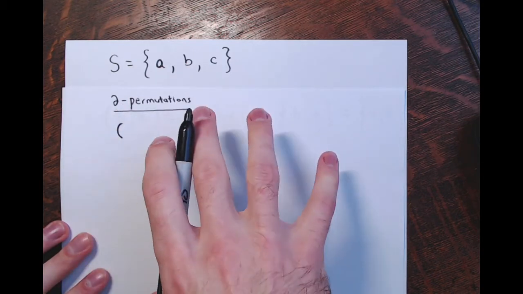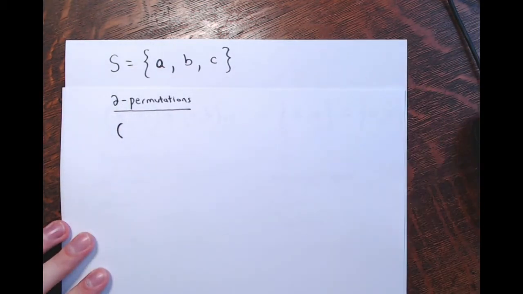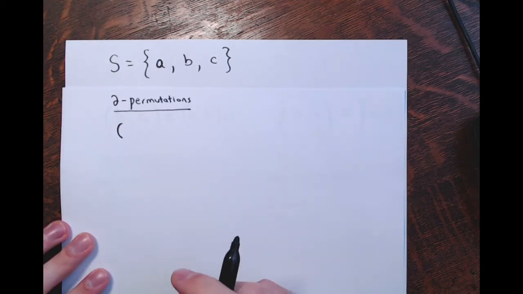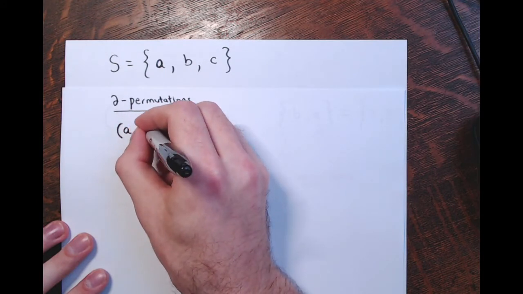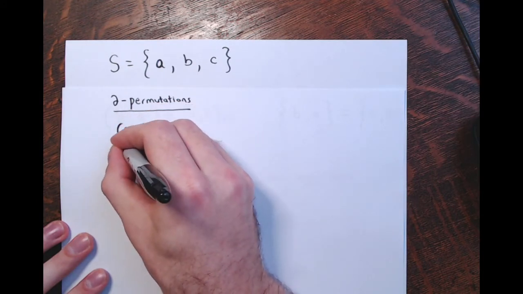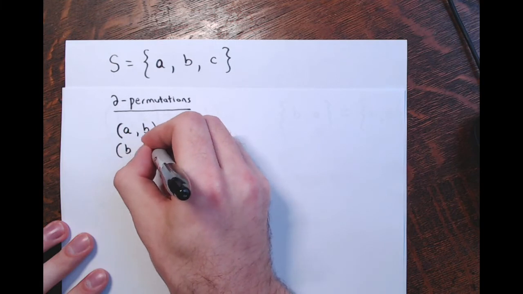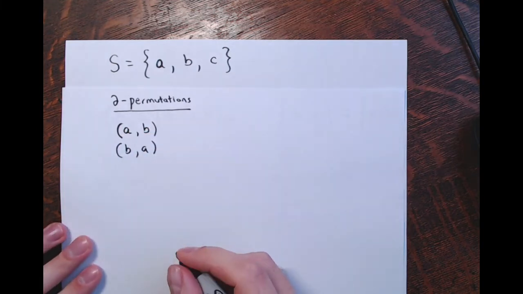Well, I'll motivate the development of a formula for the number of 2 subsets, or the number of R combinations. All right, so I could have A then B, or B then A, right? Again, these are sequences, 2 permutations, order matters.